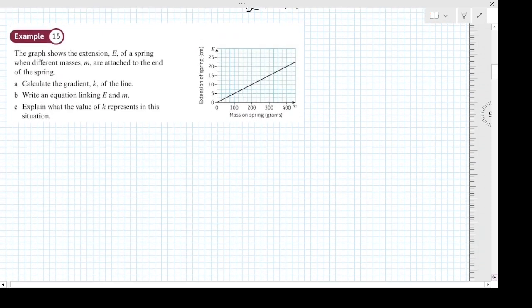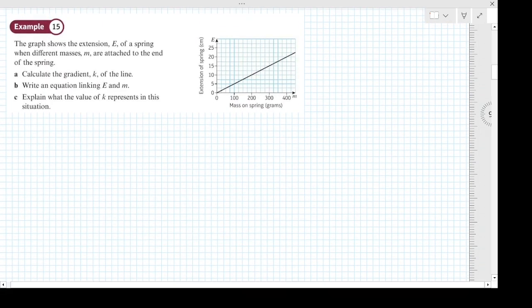Example 15. The graph shows the extension E of a spring when different masses are attached to the end of the spring. Calculate the gradient of the line. Now, the first thing to note, and probably one of the difficulties of this section, is that you're not always going to be working with y and x all the time. You're going to get different letters, E and M in this case, but it's the same idea.